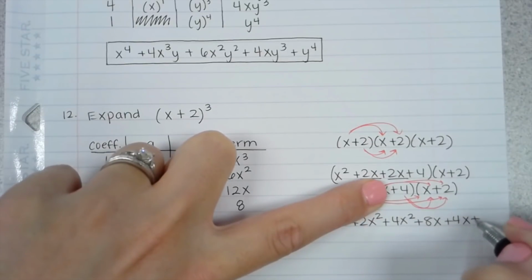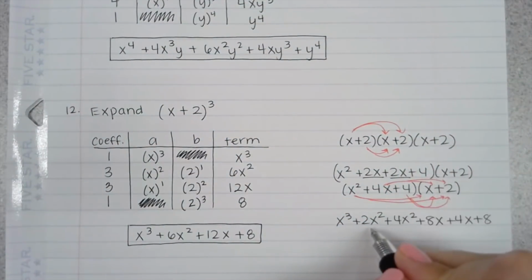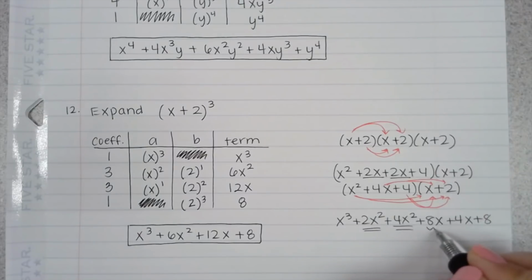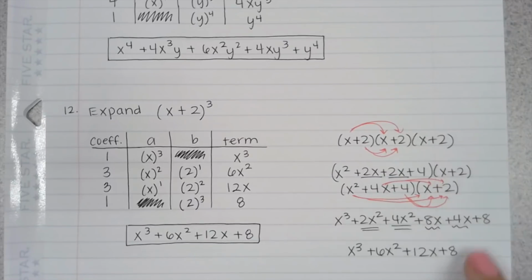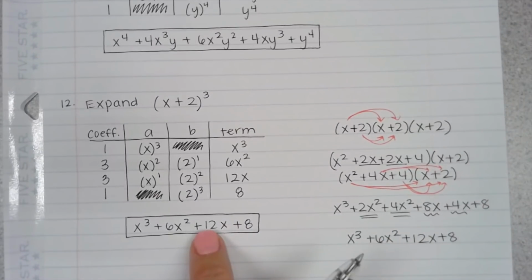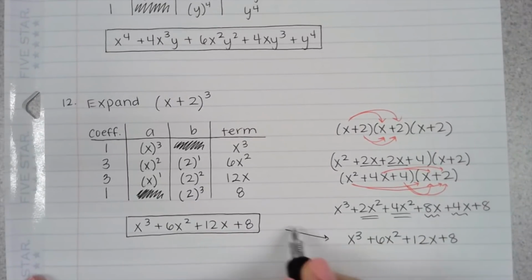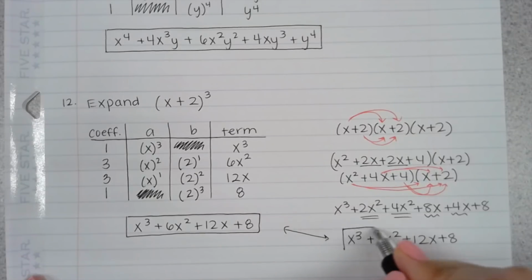And then plus 4x plus 8. These two would combine together, these two would combine together. And so what you can compare is your answer to this question, x to the third plus 6x squared plus 12x plus 8. So if you did it out this way, you would get the same answer that you got out here. So notice that these two answers would be the same thing.